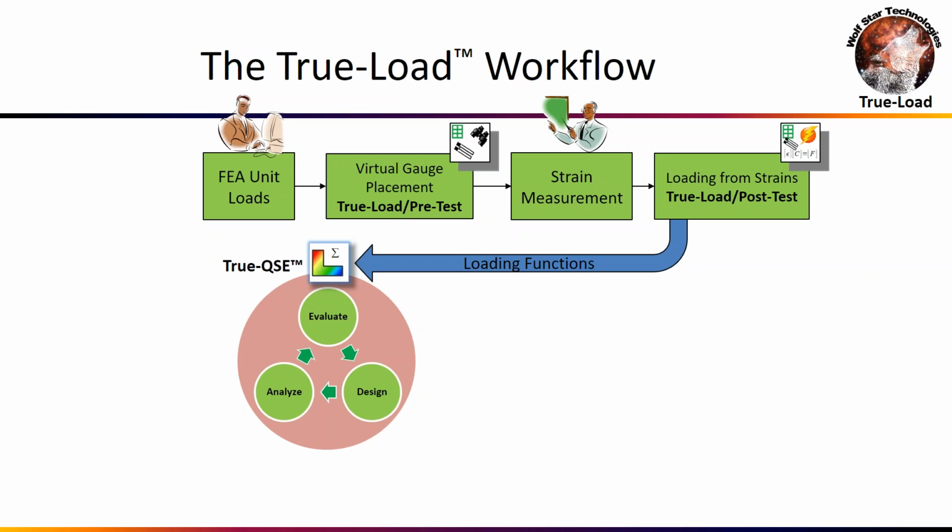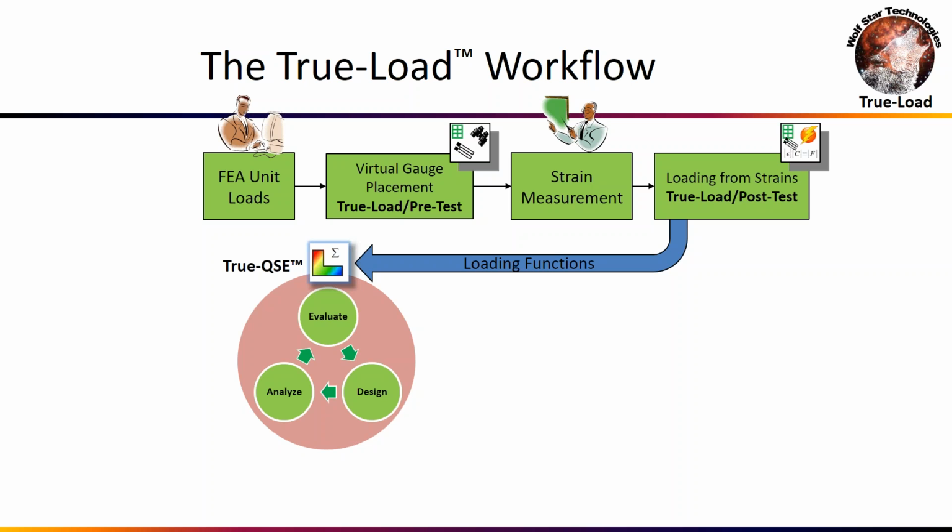And you can do that all manually with manual techniques in the FEA model, or what I highly recommend is you use the TrueQSE tool that comes with TrueLoad, which basically organizes all the unit loads and all the loading functions generated from the strain data and allows you to very quickly probe the model, generate X, Y plots for any node or element, generate full field operating deflection shapes, and allows you to go in and redesign and optimize your part on there.